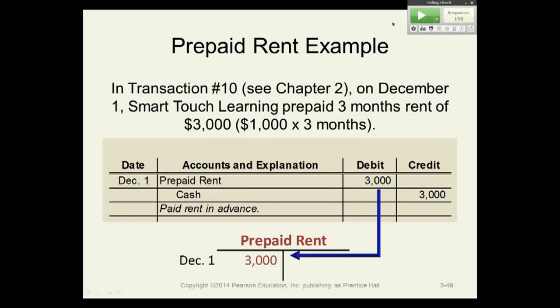Now, what happens next year? How much do you use up in January? Another 1,000, and you use up another 1,000 in February. Right. But right now, as of December 31st, we're thinking about our adjustment. So again, just to get back to the transaction.